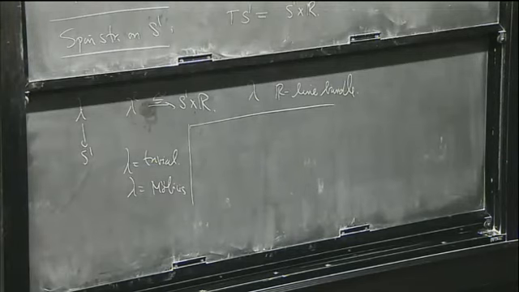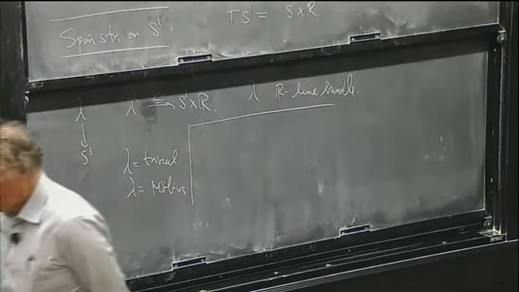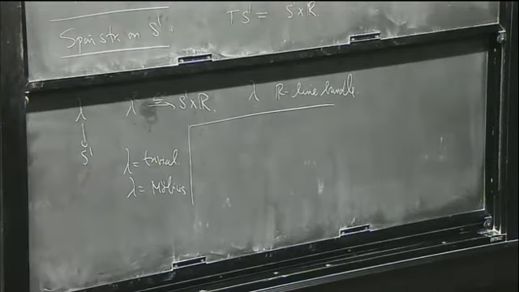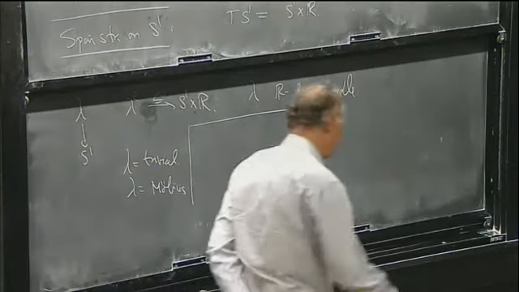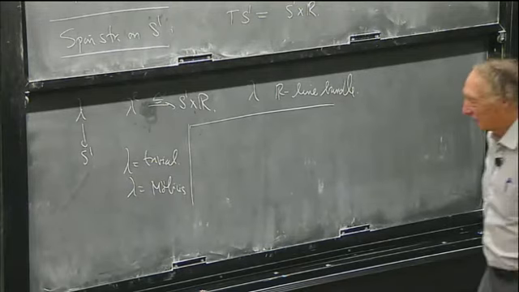Now, it turns out that one of these spin structures bounds a spin surface and the other one doesn't. I want to try to sort that out. So let me talk in general, because I'll need it in higher dimensions as well, about how you induce spin structures from a manifold to its boundary.